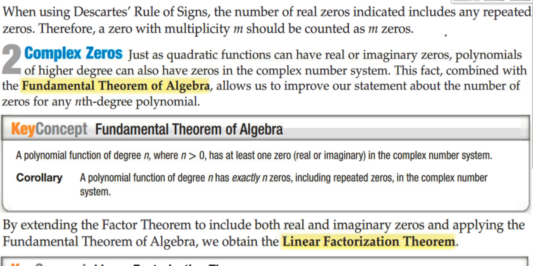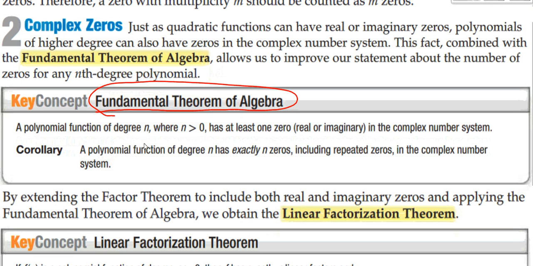Just like quadratic functions can have real or imaginary zeros, polynomials of higher degree can also have zeros that are complex. And so this is the fundamental theorem of algebra, and it allows us to think about how many zeros there are.